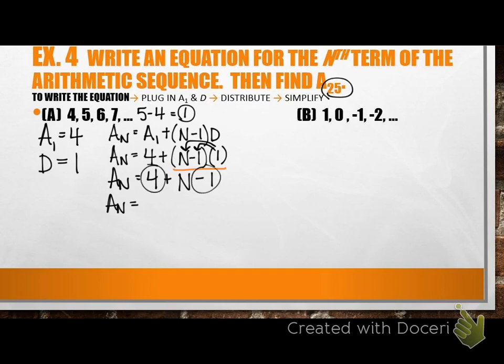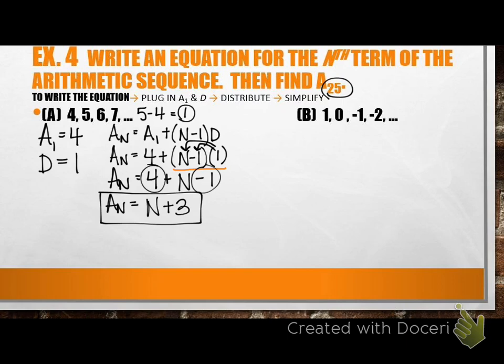Awesome. 4 and negative 1. So I'm going to bring down the n term first. I'll always bring it down first. And then what is 4 minus 1? 3. What kind of 3? Positive 3. And I'm going to box this in, because this is the equation for this particular arithmetic sequence. It is part of my answer.